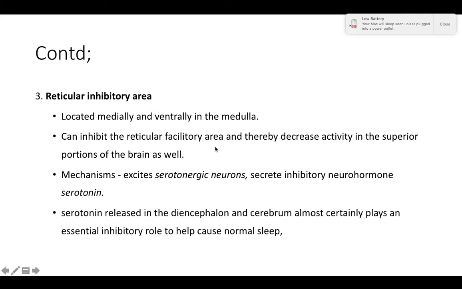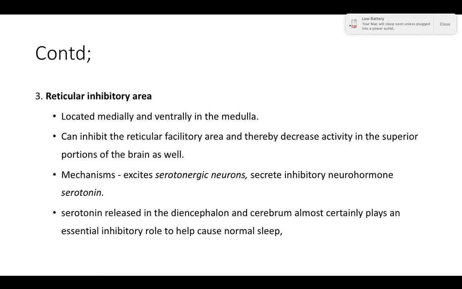Now, the third group of fibers are from the reticular inhibitory area, that is your medullary reticular formation, which is located medially and ventrally. These fibers can inhibit the reticular facilitatory area and thereby decrease the activity in the superior portions of the brain as well.